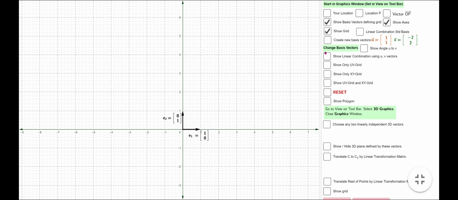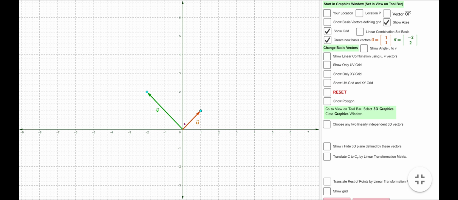As an example, these vectors u and v, where u is (1, 1) and v is (-2, 2), these two would also form a basis for R2. These two are linearly independent and they actually span R2.